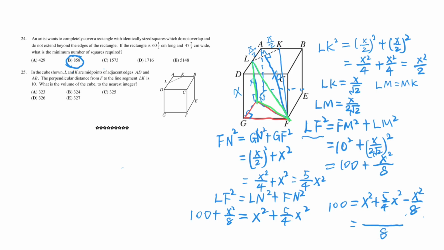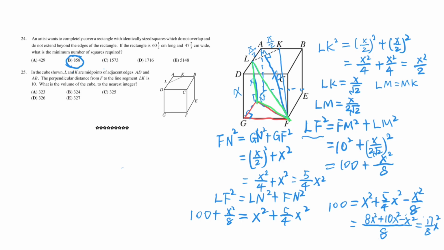So x square is 8 x square over 8, 5 over 4 times 2 is 10 over 8 x square, minus x square gives 17 over 8 x square.